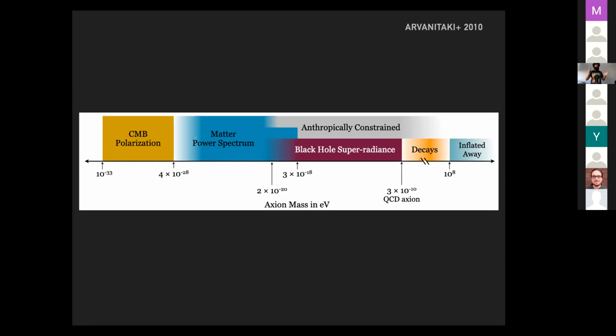In addition to having several fields appear, they also span a very large range of masses because their mass is either inversely proportional or exponentially suppressed in terms of the volume of the cycles around which these higher form fields wrap.